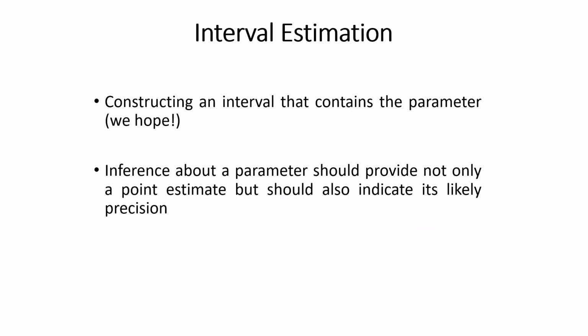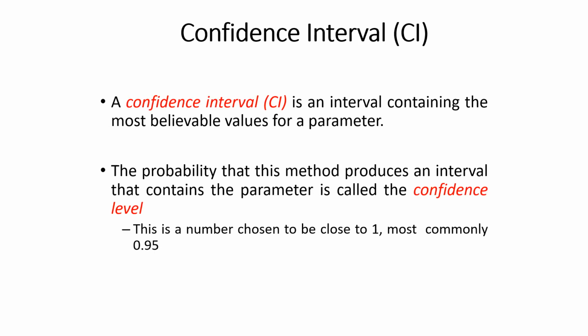Interval estimation is constructing an interval that contains the parameter. Inference about the parameter should provide not only a point estimate but should also indicate the likely precision. We do the estimation by using a confidence interval.